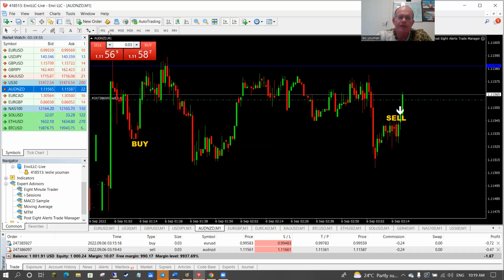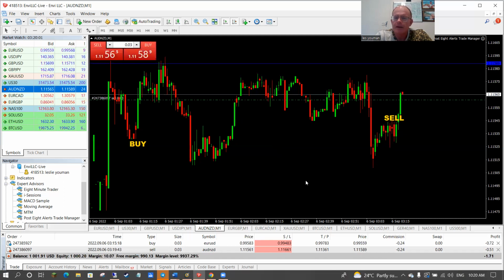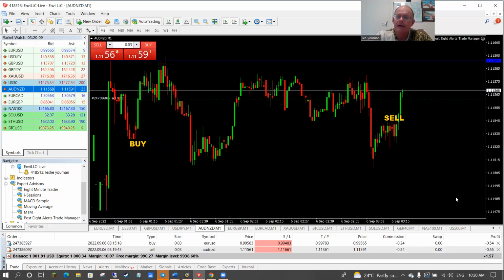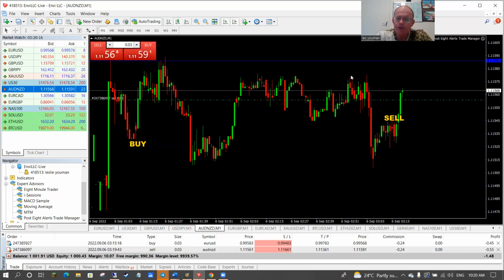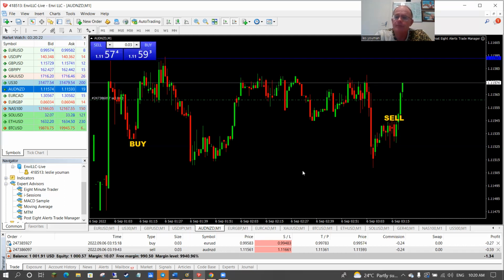I also like to check the 5 and sometimes the 15-minute to make sure it is still a downtrend on them before placing a trade. I don't want it to be an uptrend on the 5 minute and a downtrend on the 1. I wouldn't trade them. In this case, I also had some decent resistance just above here. So that was another good reason to do a sell order.